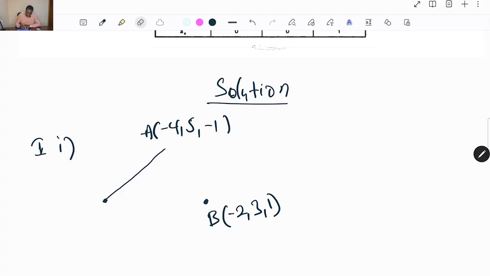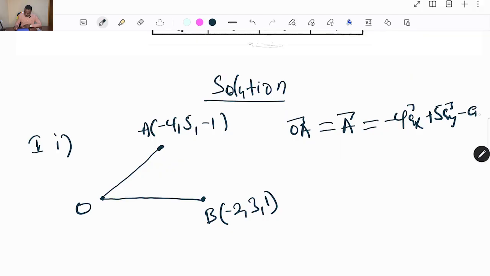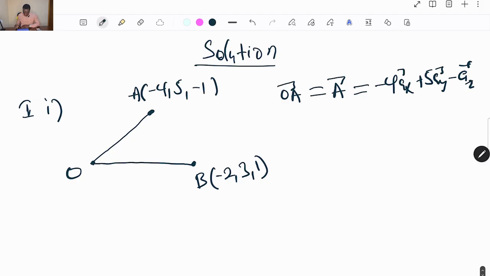We can have OA, and then another position vector, relative to our origin O. The position vector OA is simply vector A, which is equal to -4 along the x-axis plus 5 along the y-axis, then minus 1 along the z-axis. So this becomes our position vector OA.